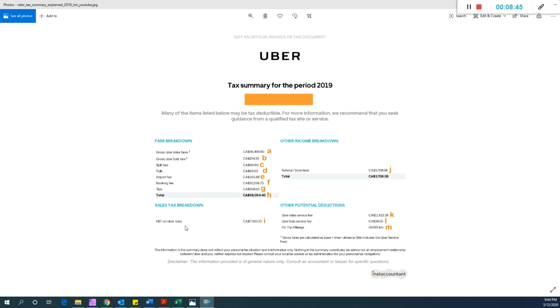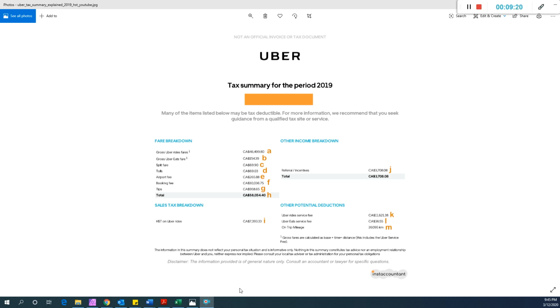Now looking at the HST on Uber rides, 7,393.33. So what is this? This is just the gross HST that you collected on the services that you provided to the riders. Whenever you get a rider, you get the fare, which is the amount for your service, and then you also charge the rider 13% HST on top, right?